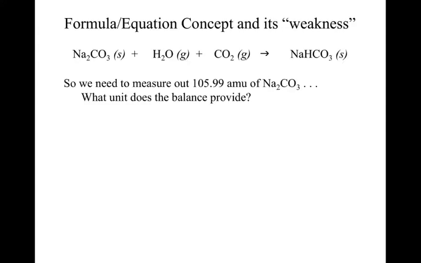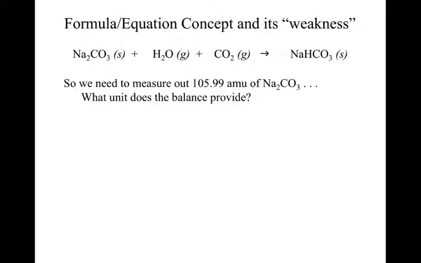So if we go back to our question, we need to go into the lab and measure out 105.99 AMUs of sodium carbonate. That's assuming I did the calculation right, which hopefully I did. So I go into the lab and I go to my balance that measures mass and I say, magic balance, tell me the mass of this.